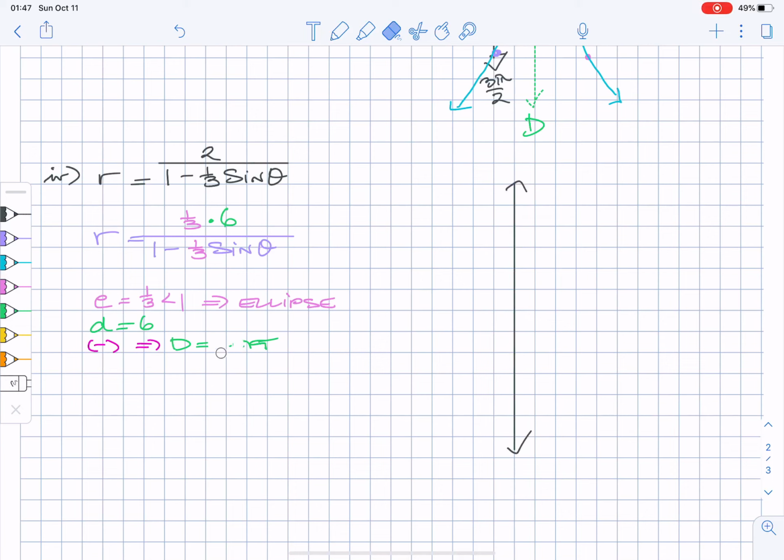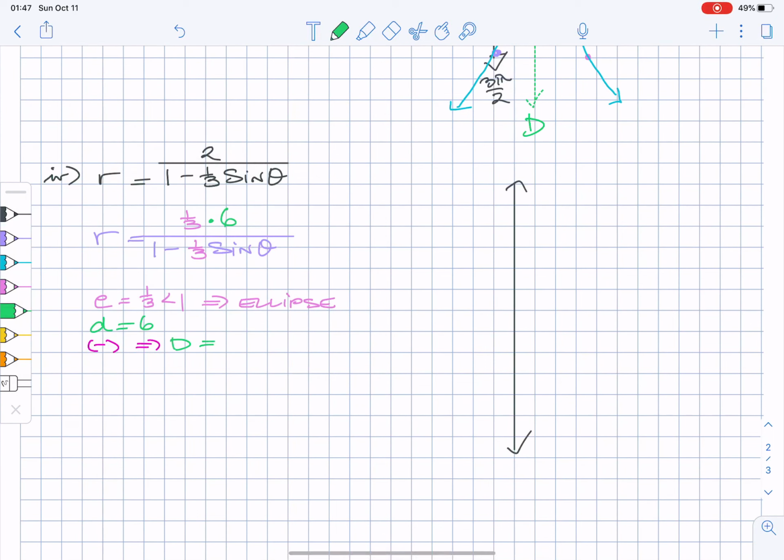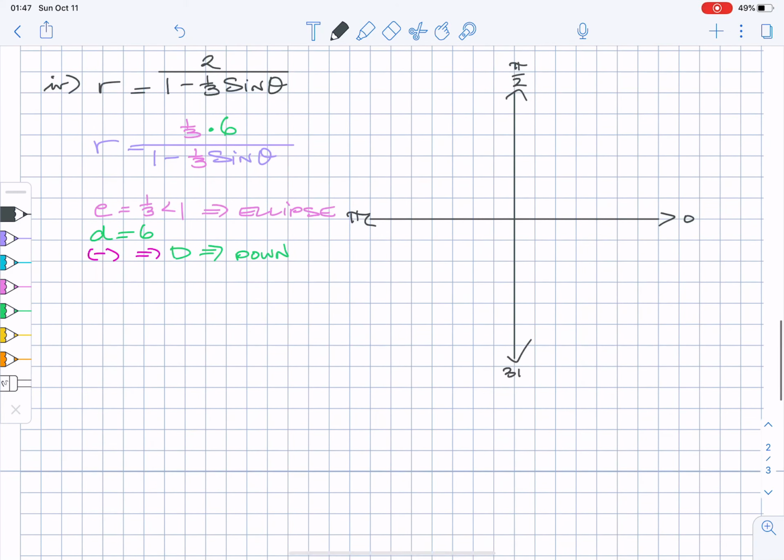Wow, I must be tired. Down, not left. This is sine, so it's up, down. Okay, where was I? Let's go ahead and plot our polar axes. We have 0, pi over 2, pi, and 3 pi over 2. Let's go ahead and plot our concentric circles.